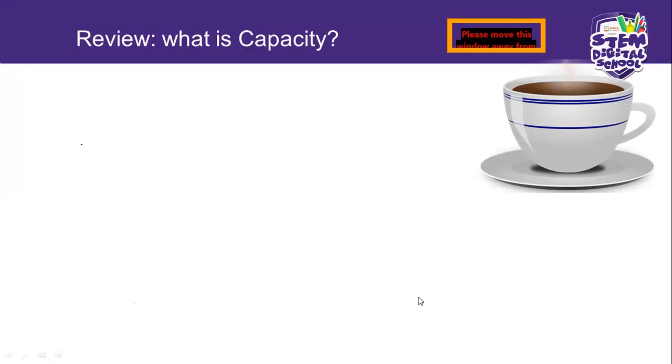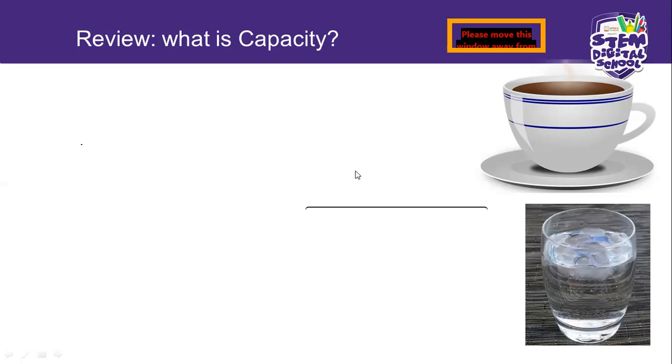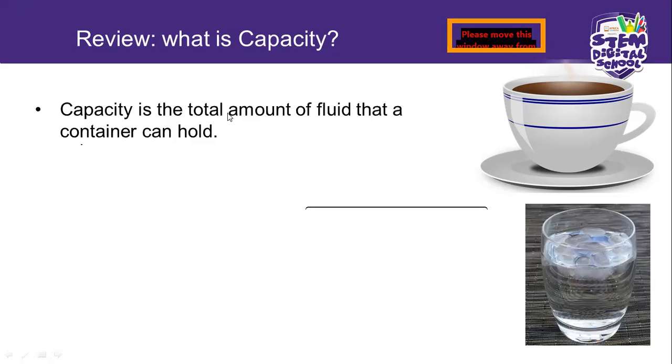Quickly review capacity. Capacity is the total amount of fluid that a container can hold. We can see there it's a cup of tea. The capacity is the total amount of fluid that a container can hold, for example, the amount of water a cup or even a glass can hold.